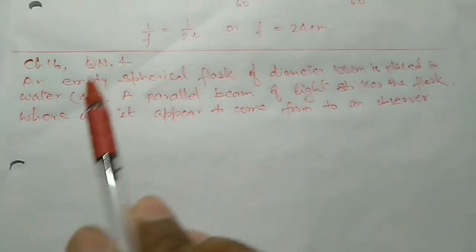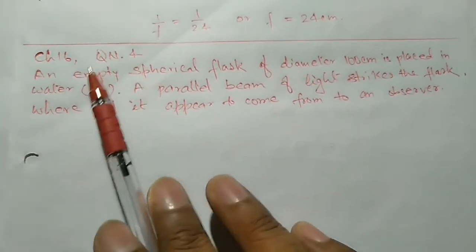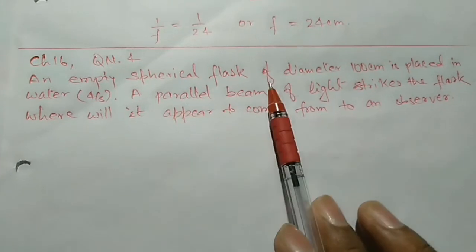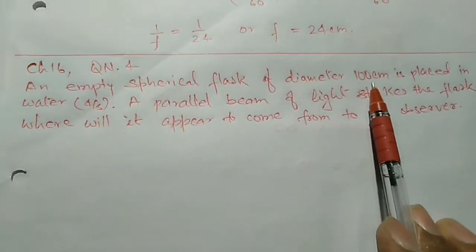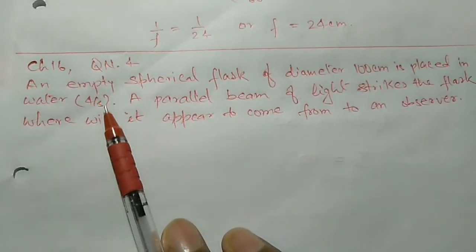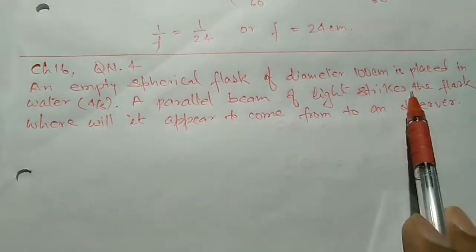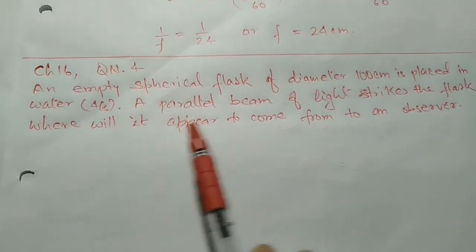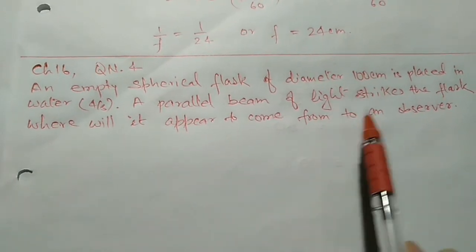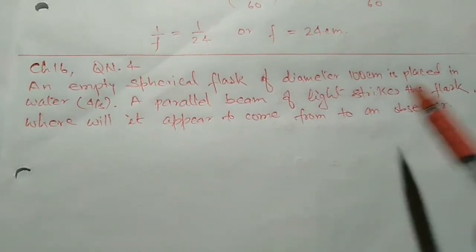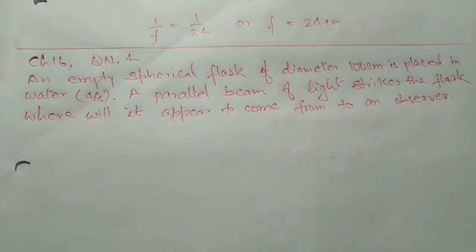Now again the same chapter, but question number 4. The question is: an empty spherical flask of diameter 100 centimeter is placed in water of refractive index 4/3. A parallel beam of light strikes the flask. Where will it appear to come from to an observer within the flask? So first draw the diagram.